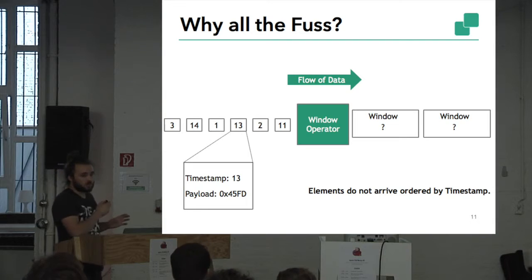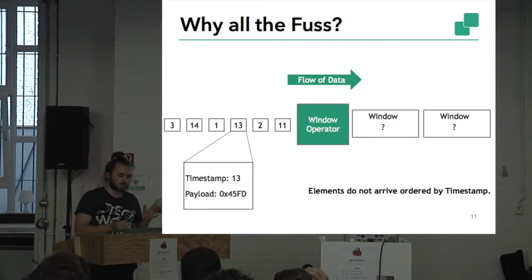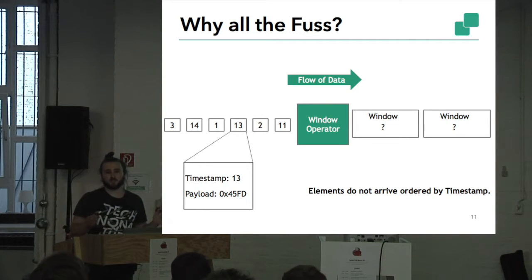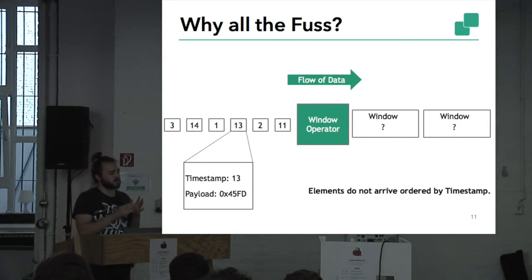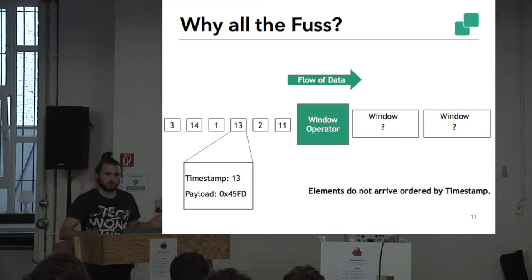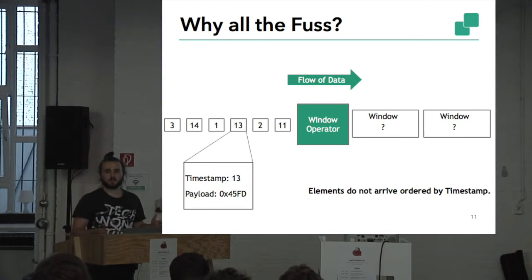In streaming, you assume that you have an infinite stream of arriving elements, and when you want to do operations that perform aggregations on the stream, you need to discretize the stream into windows. So you say, for example, discretize it into windows of 10 minutes, and then you can collect the elements in these 10 minutes, and then perform some aggregation operation on these.